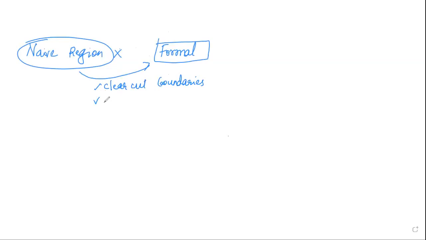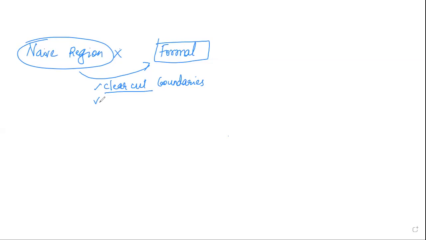I can mark it using some of the physical characters. If I'm talking about administrative boundaries, I know the extent of any district's administrative boundary, and I can draw the boundaries clearly, right? So the very first thing is formal regions have clear-cut boundaries.